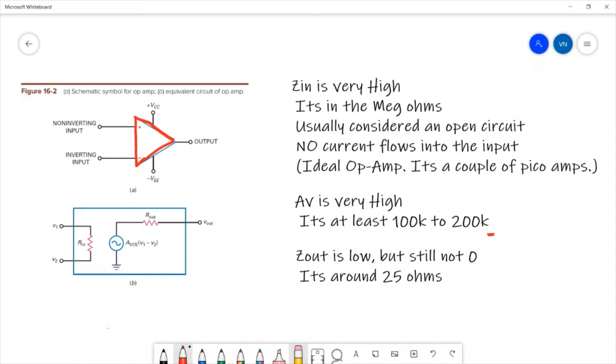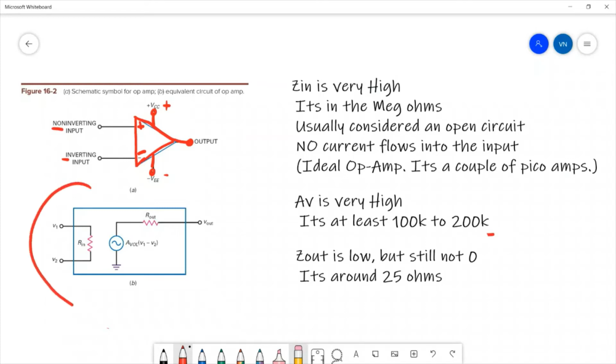Now, the triangle symbol has as well a positive input and a negative input, which is connected to the non-inverting and the inverting input. And it will always have an output, which comes from the push-pull amplifier. It may have the power supply lines shown, which go to a positive voltage and a negative voltage, although they are not always shown, as sometimes it's kind of obvious where that comes from.